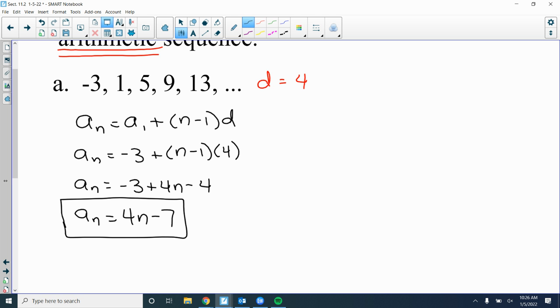You could say there's got to be a 4n in it to get to -3, so 4n minus 7. That'll work, and that's fine if you're just told to give the general term. But I'm going to go through this process. All right, so there's your equation. It's got to work for all of them. When n is 2, you got to get 1. When n is 3, you got to get 5, and so on.